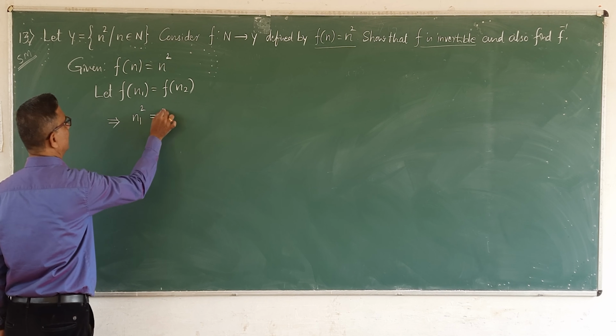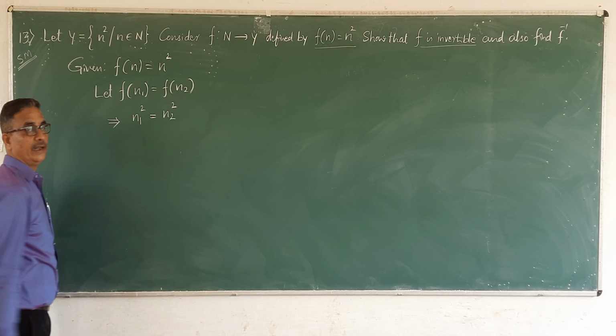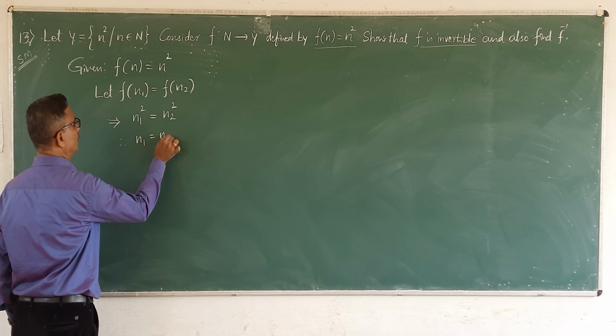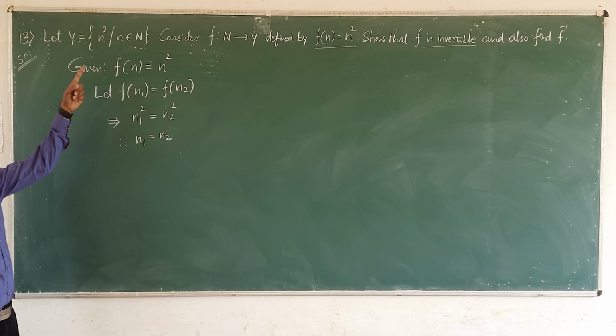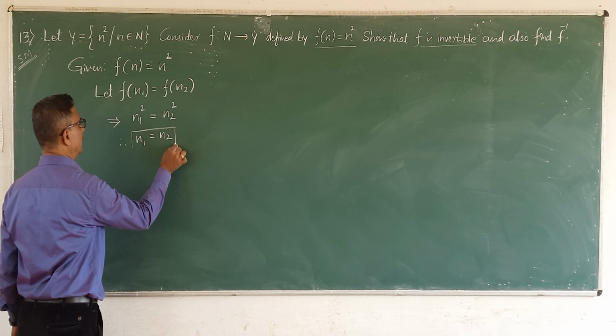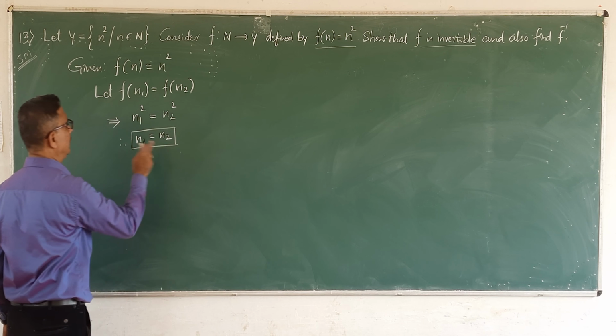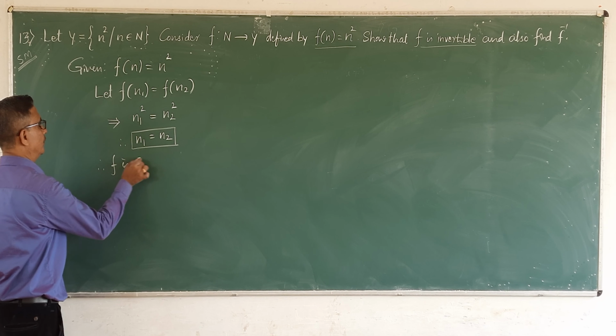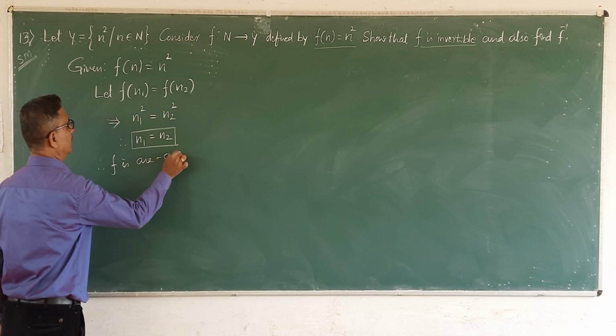That is n1 square is equal to n2 square. Taking the square root on both sides, n1 is equal to n2, where n1 and n2 are natural numbers. So f of n1 equal to f of n2 implies n1 equal to n2. Therefore the function f is one-one.